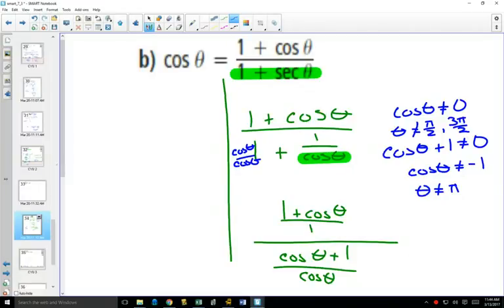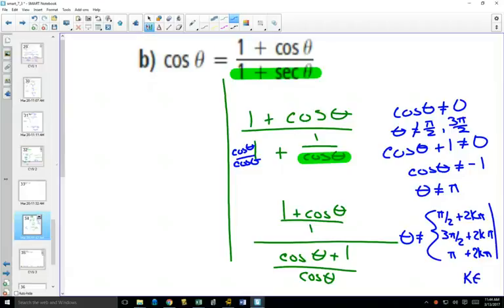So if we have those 3 answers between 0 and 2 pi, if we wanted to list all of our non-permissible values, it can't equal pi over 2 plus 2k pi, 3 pi over 2 plus 2k pi, and pi plus 2k pi, where k is an integer.